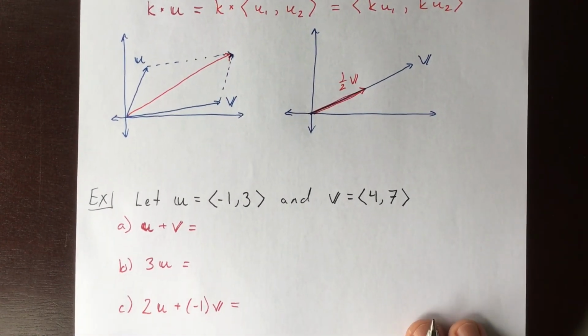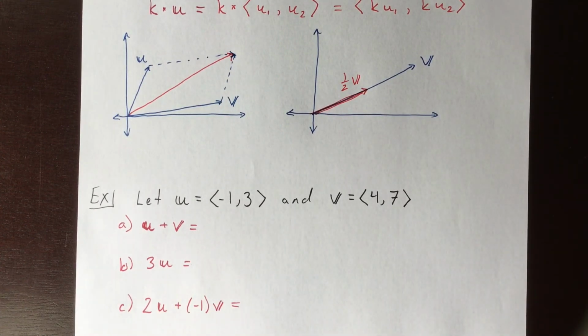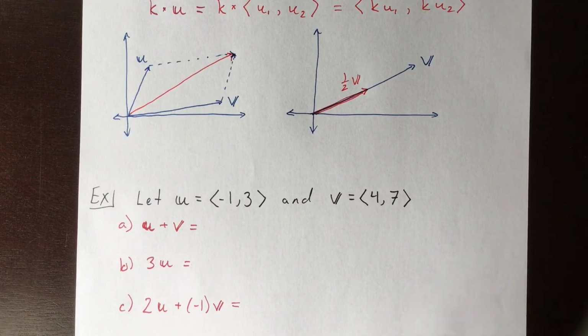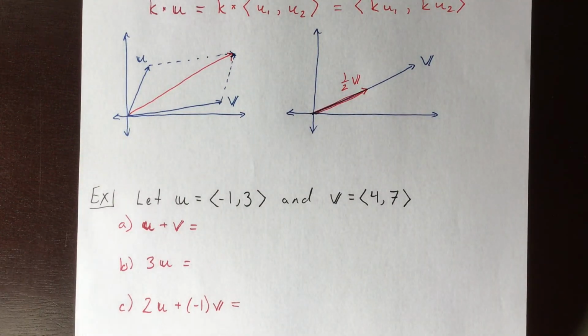So if I had vector u to be -1, 3, and vector v to be 4, 7, what would its resultant be? Now, we reserve the word resultant for sum. So if I want to add the two vectors, what would its component form be? So you can pause the video now and actually try these three problems and see how you do.